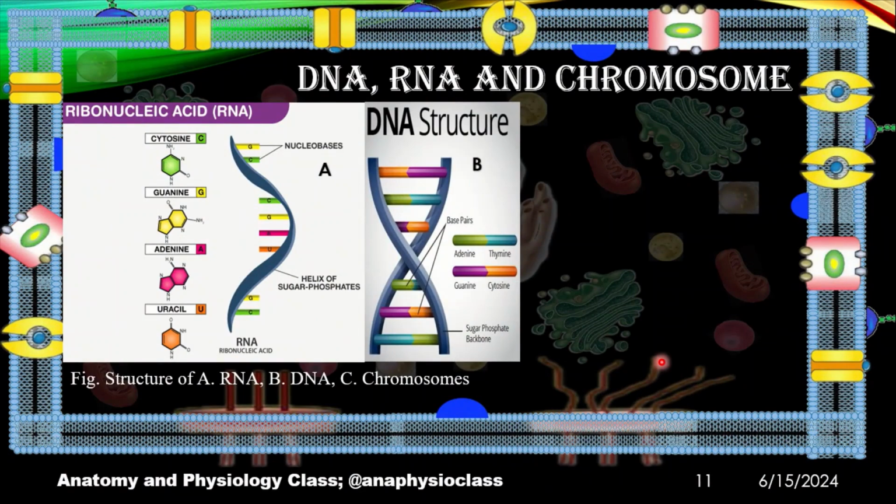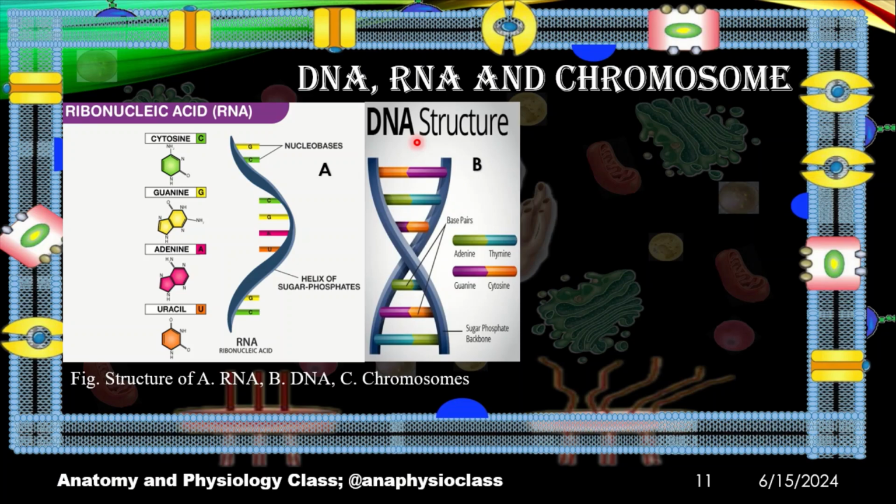So, the difference between some of the biomolecules that are present inside the cell: the nucleic acid that is present within the cell. It is of two types, DNA and RNA. Actually, this topic, difference between DNA, RNA and chromosome, is not part of the curriculum.